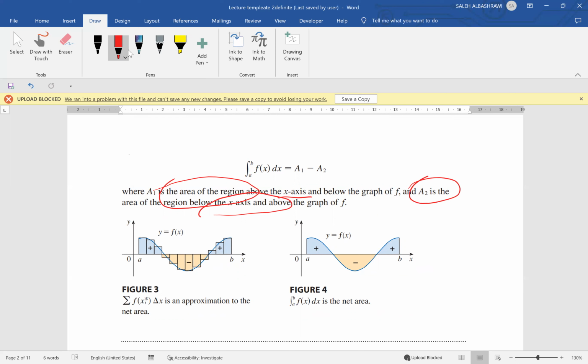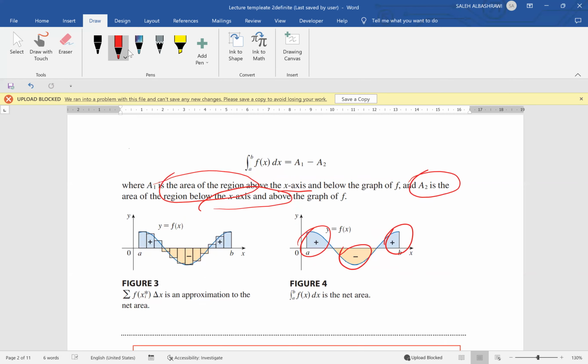So let's think about this as a2 and this as a1. So the value of the definite integral is equal to a1, the area above the x-axis, in the positive, minus the area under the x-axis and above the graph, or the curve, of the given function.